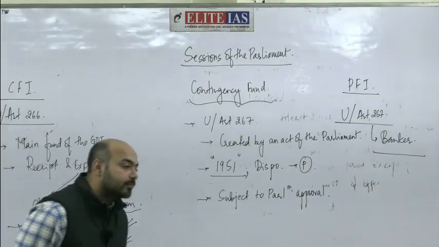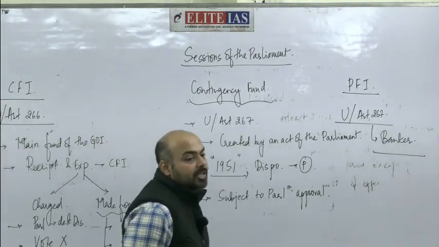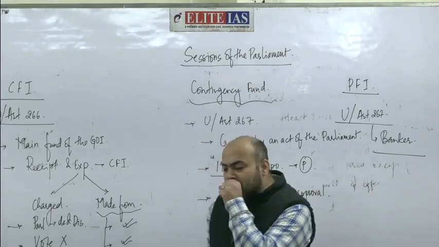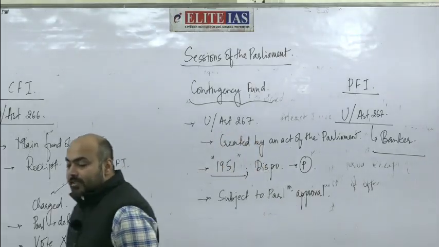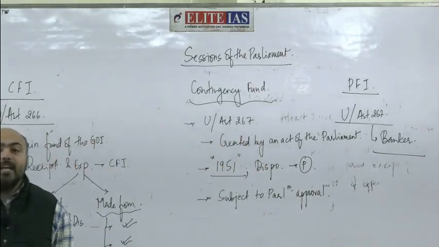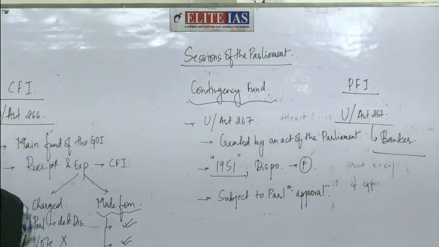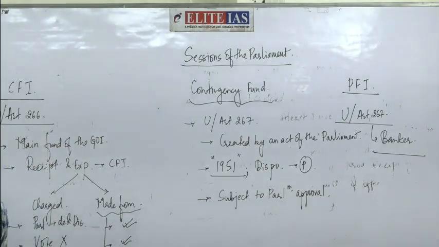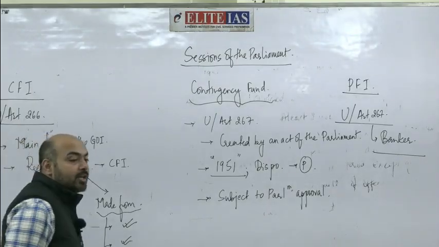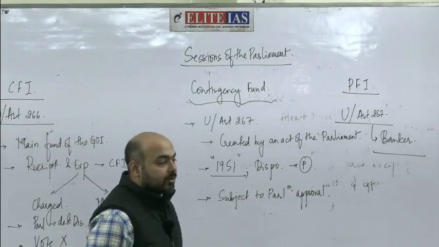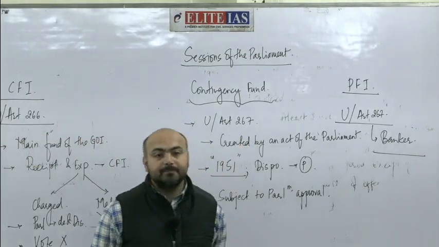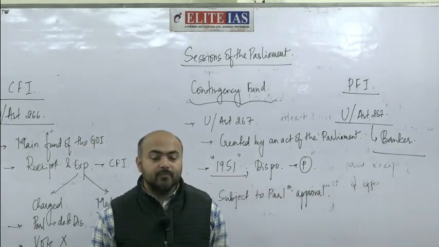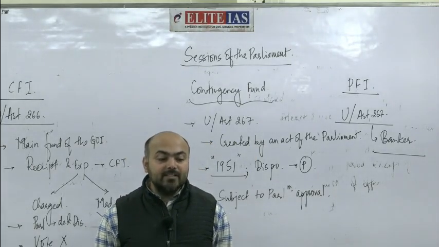First, the second house rejects the bill outrightly. Second, the second house does not take any action for 6 months after having received the bill.